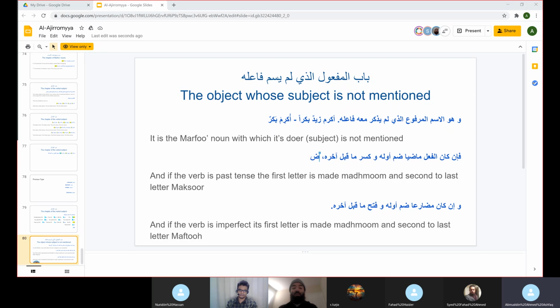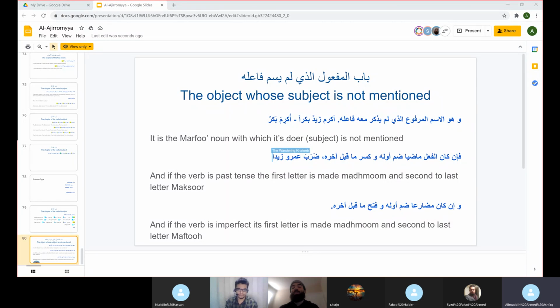So by default, for example, daraba: the first letter had a fatha, the second letter had a fatha, and the third letter had a fatha, right? Daraba Zaydun Amran. Actually, I'm going to say Amrun.